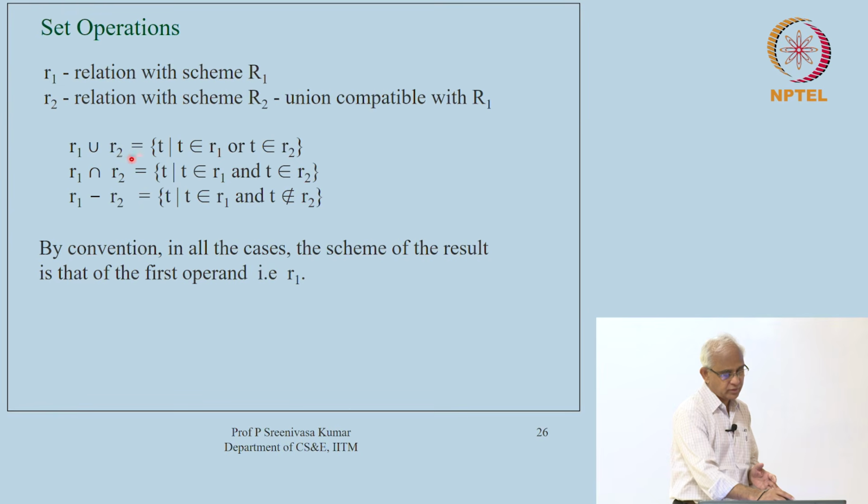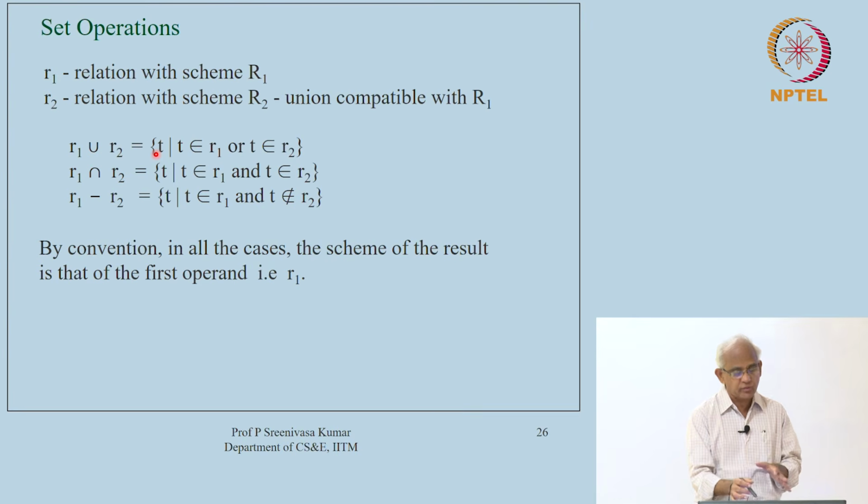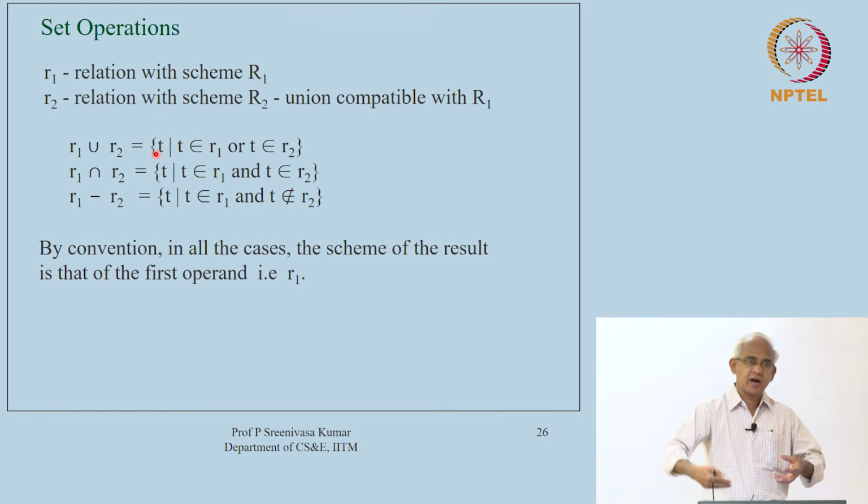Whereas the union allows us to combine information from one relation and another, provided they are union compatible, even when they are not union compatible we would like to combine, but in a different kind of combination.